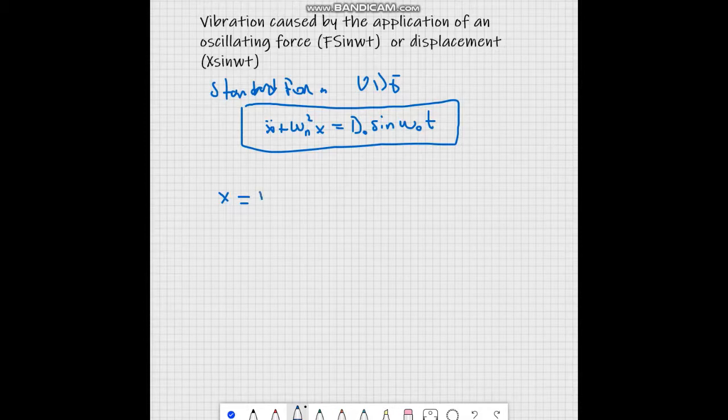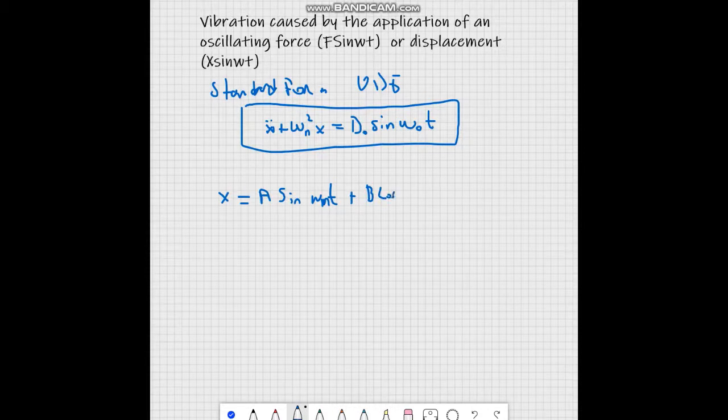The general solution is a multiplied by sine of the natural frequency omega n t, plus b cosine of the natural frequency multiplied by time. Not omega 0 here, this is the natural frequency, this is the initial frequency.